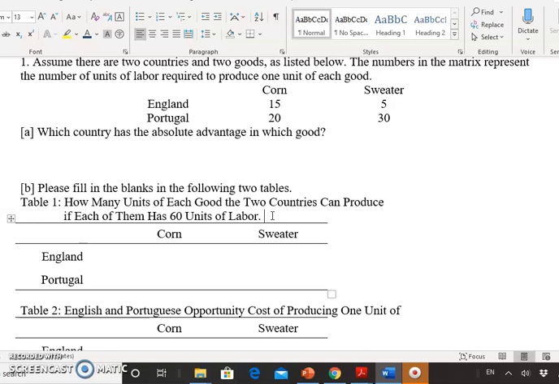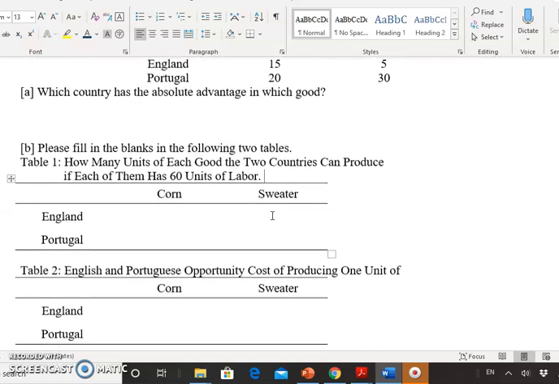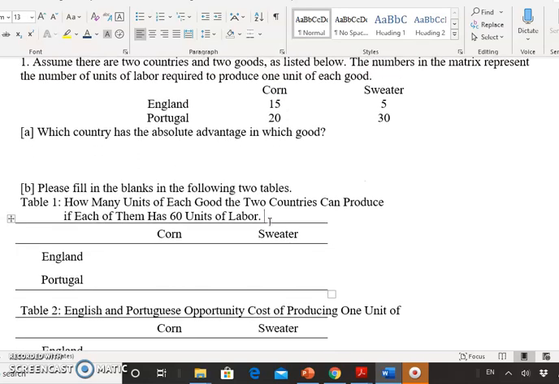That's fine, but here we just stay as simple as possible, because this is not going to change our conclusion anyway. Now let's figure out with 60 units of labor, how many units of corn England can produce. So here we should say 60.